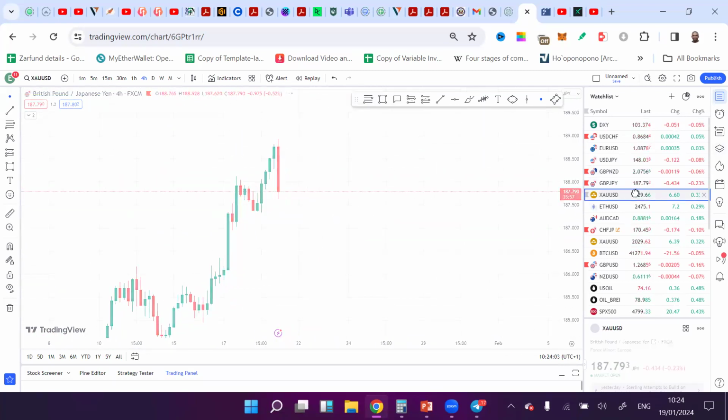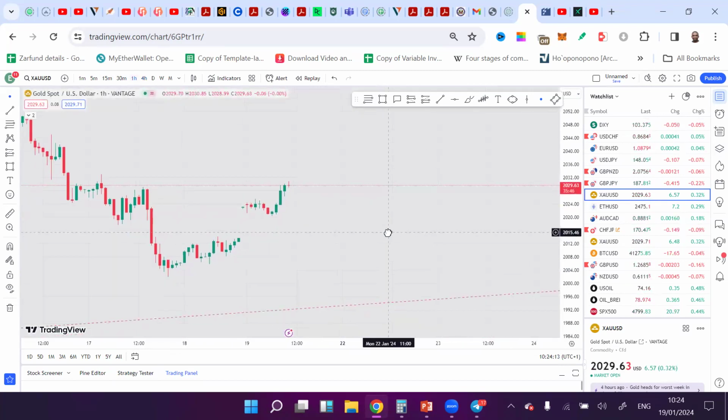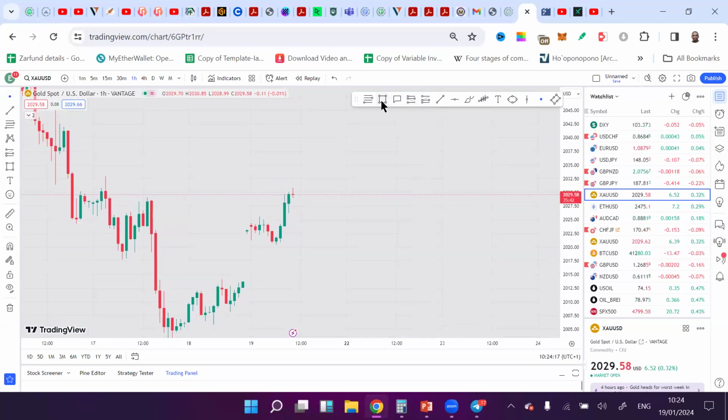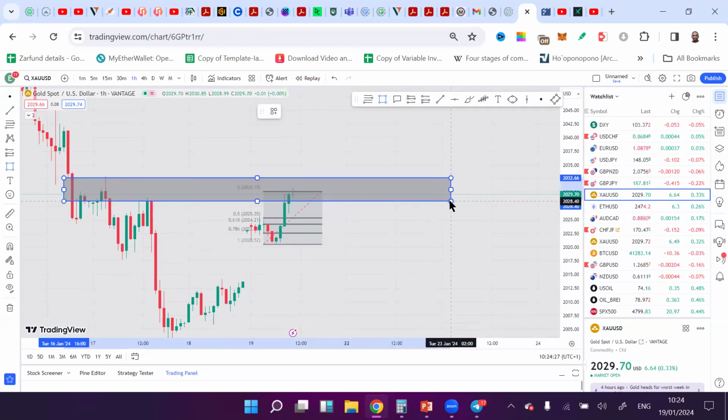So let's see what else we have here. Gold seems to be changing direction and buying. The direction on gold has changed and is buying. So where could we have an opportunity to enter a buy trade on gold? Right now, we will not be entering this trade. This is a resistance area here on gold.